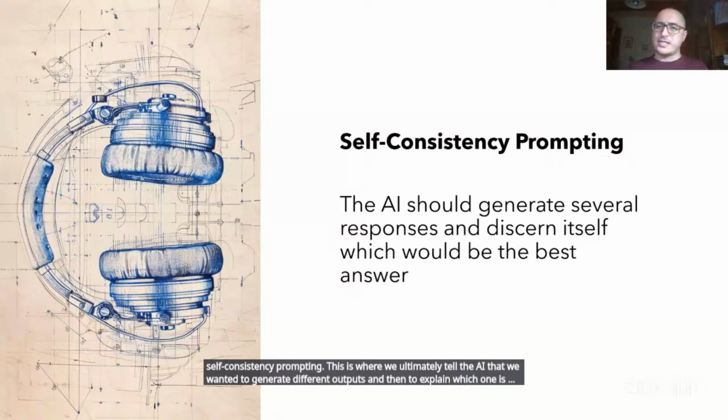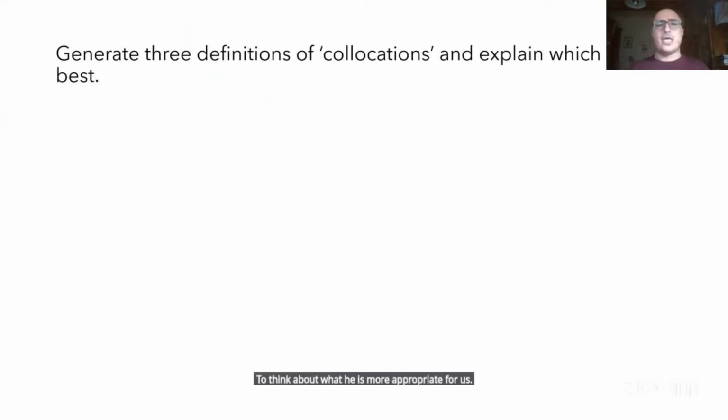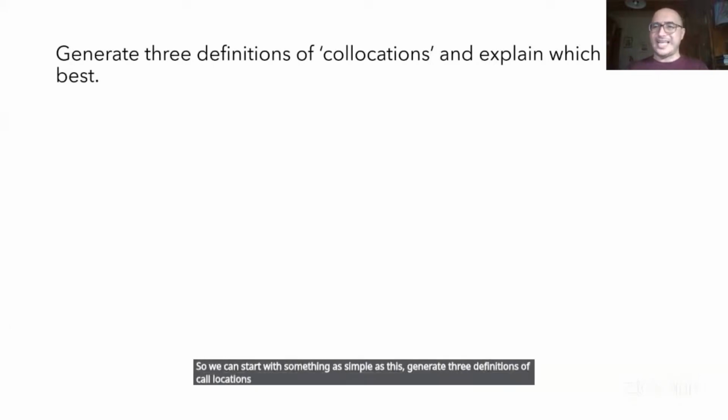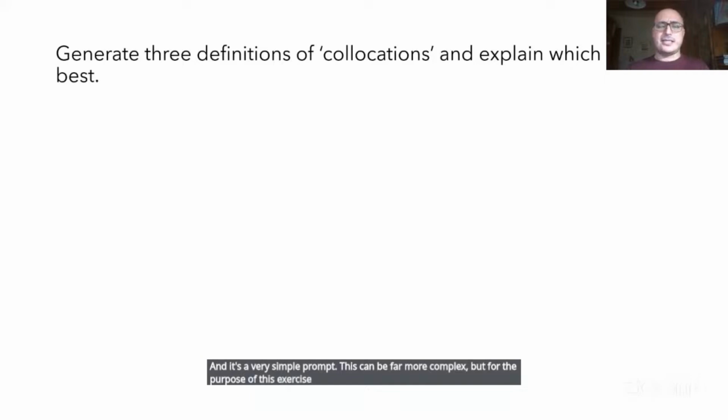So here we're asking it to ultimately be self-consistent in terms of its ability to think about what is more appropriate for us. So we can start with something as simple as this: generate 3 definitions of collocations and explain which one is best. It's a very simple prompt. This can be far more complex, but for the purpose of this exercise, let's keep it as simple as possible.